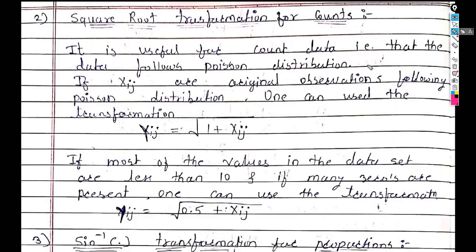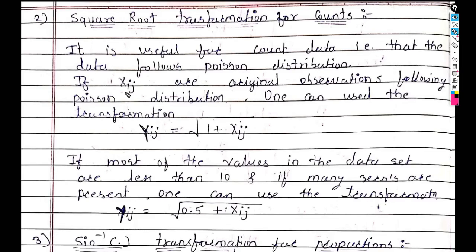We know that this random variable follows a Poisson distribution since we have count data, and in that case, we can use square root transformation to make our data normal.